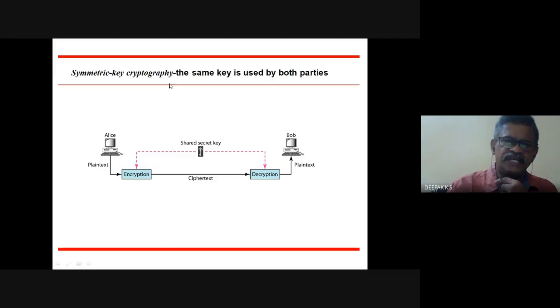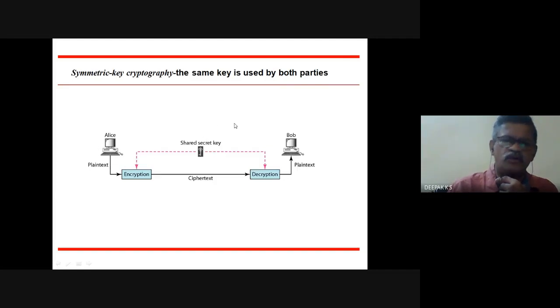So in symmetric key cryptography, the key is a shared secret key. The same key is used by both parties. Normally we have Alice and Bob, and the hacker, the person in between, trying to make threats to this communication.